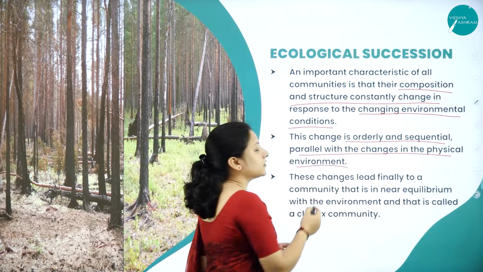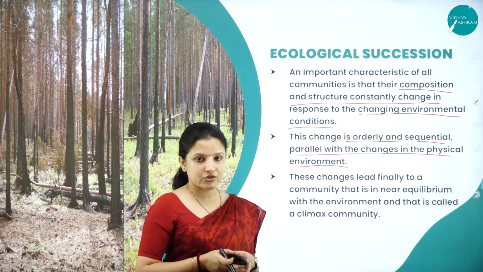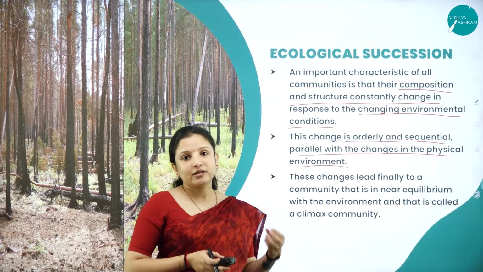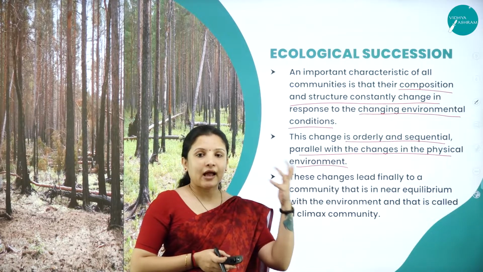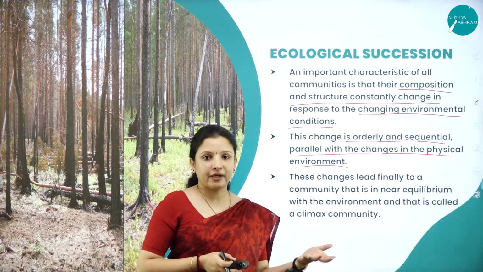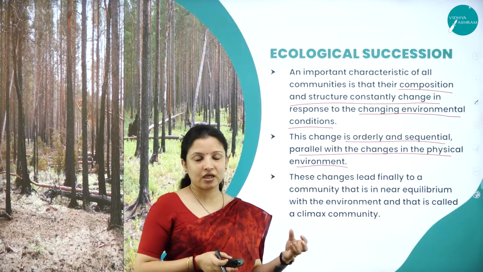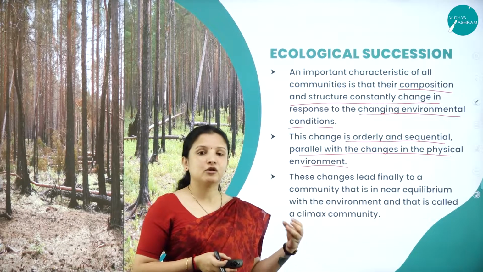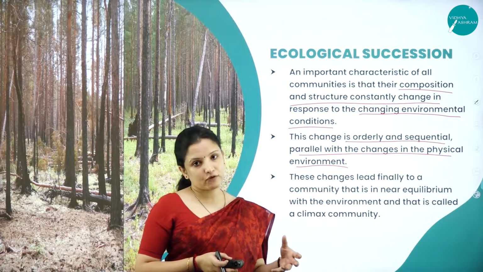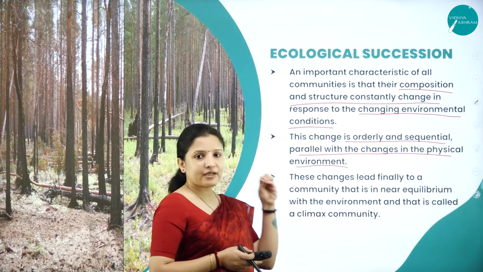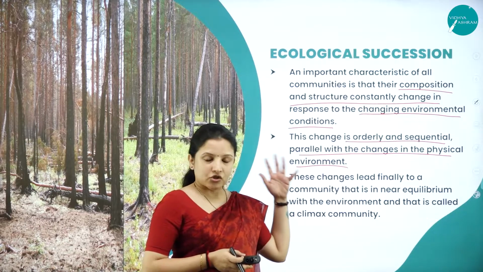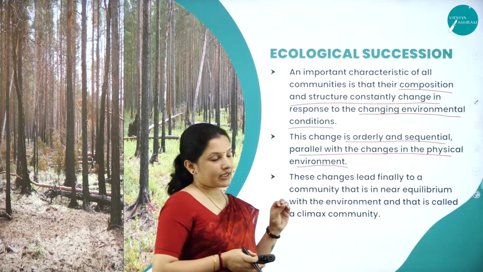Say for example, as and when the rainfall annually decreases, an area which was once luscious green will start to become barren, or start to become a desert, because of inadequate availability of water. That is how, based on the physical environmental conditions, the change in the ecosystem tends to occur.